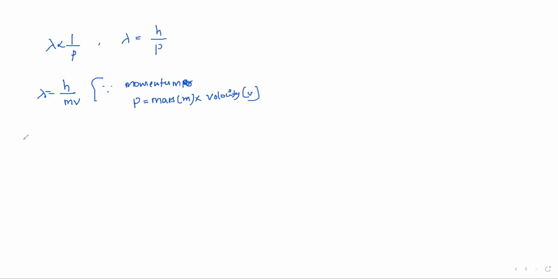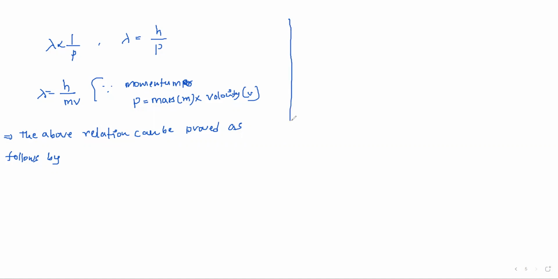The above relation can be proved as follows. This is completely related to physics, that's why they have given it directly. All these derivations you will get in the physics concept. No problem.